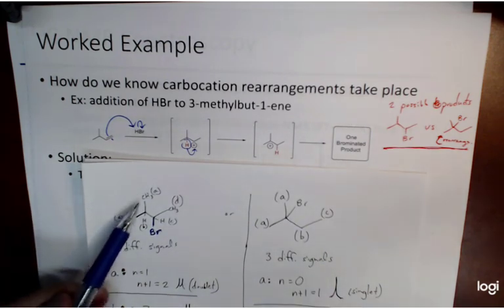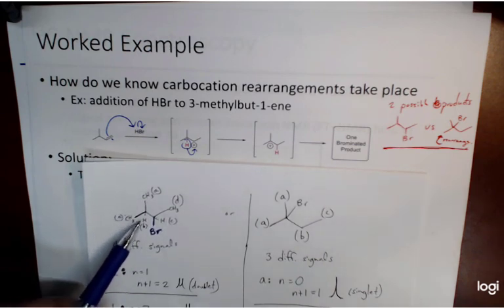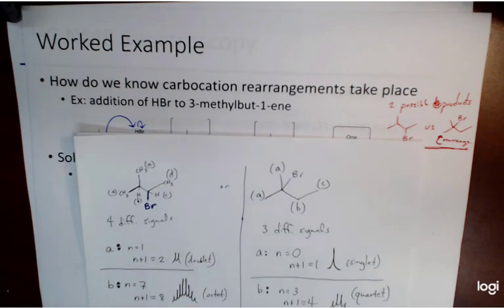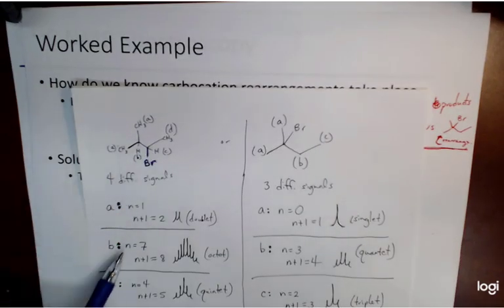So when we look up here at our A hydrogens, these two are equivalent based off of symmetry. They only have one neighbor, so n plus 1 means we're going to see 2 peaks, a doublet. For the B, it has 7 neighbors, so n plus 1, 8, would give us an octet.